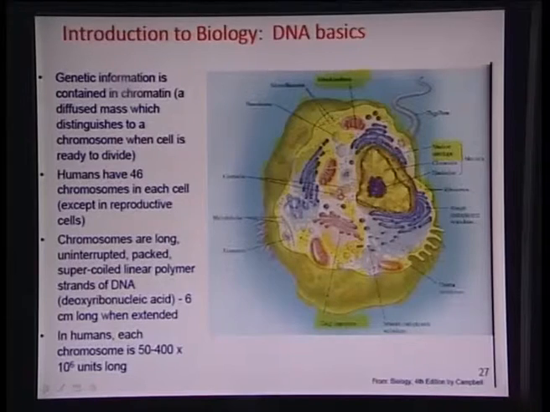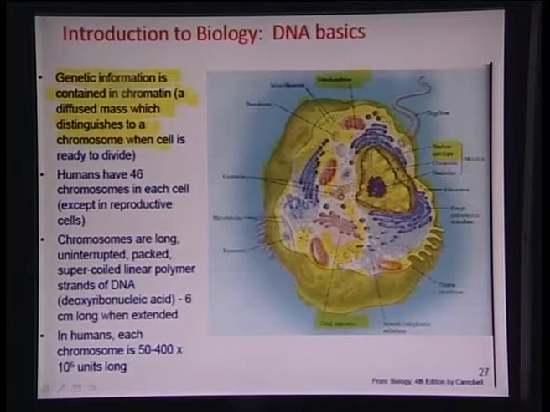In the nucleus, most of the genetic information is contained within an area called chromatin. It's a diffuse mass which condenses into a chromosome when a cell is ready to divide. So essentially the genetic information is somewhere in this particular region here.